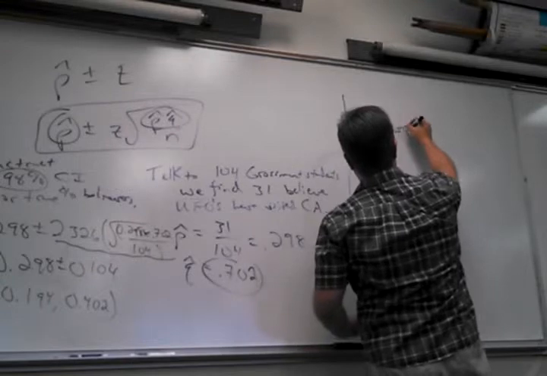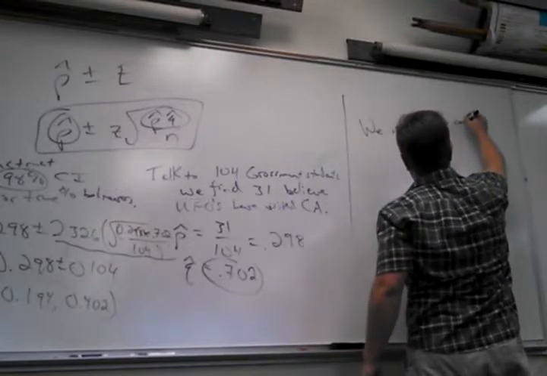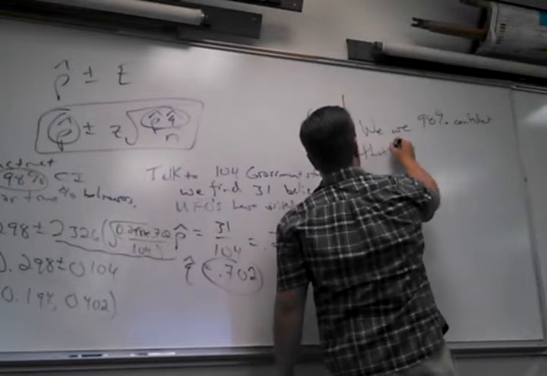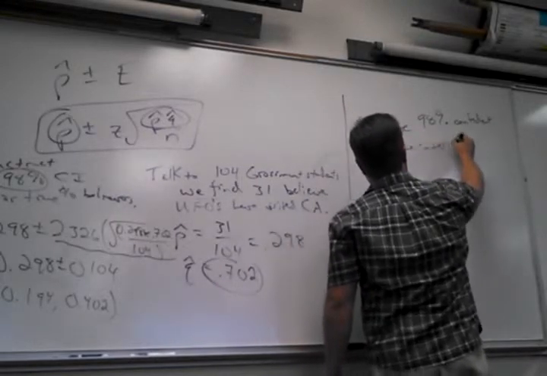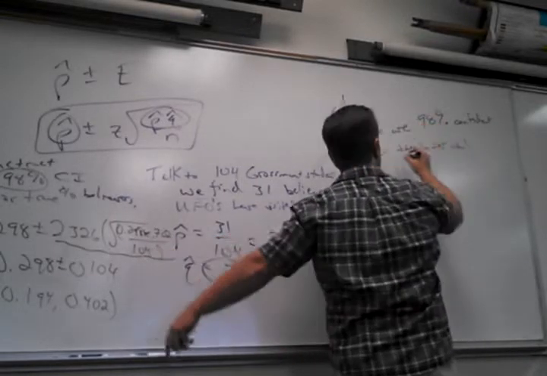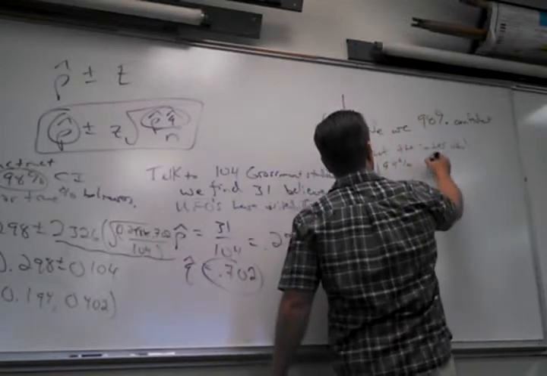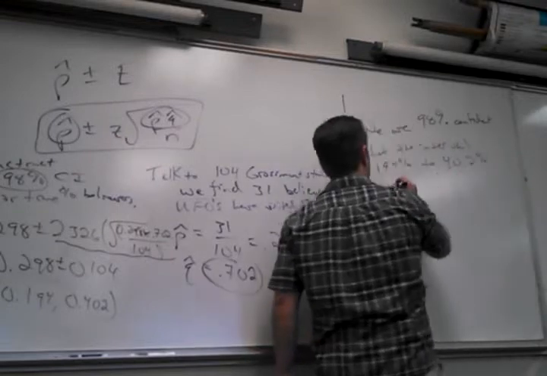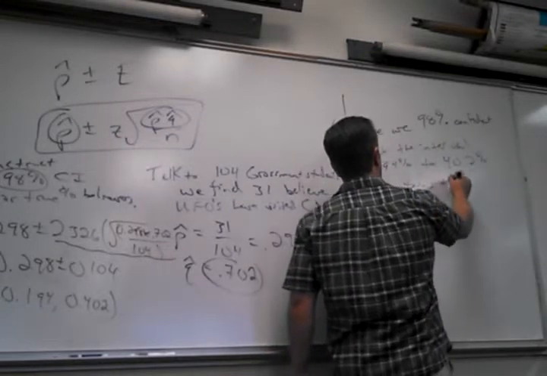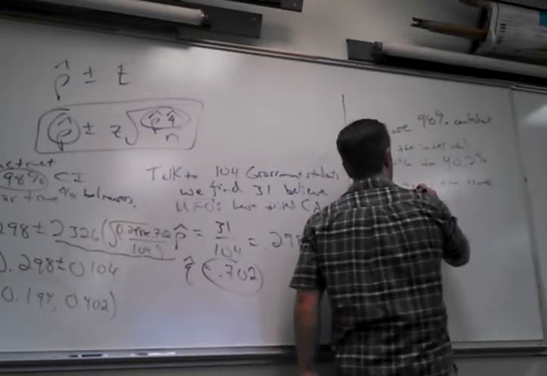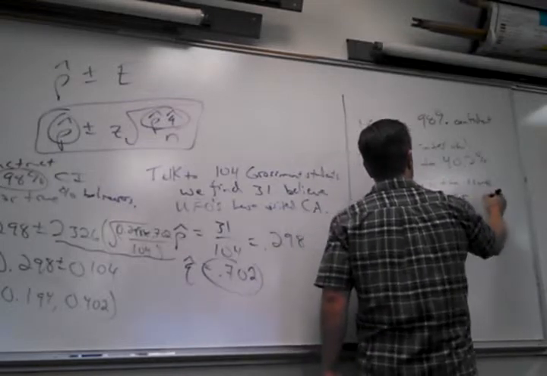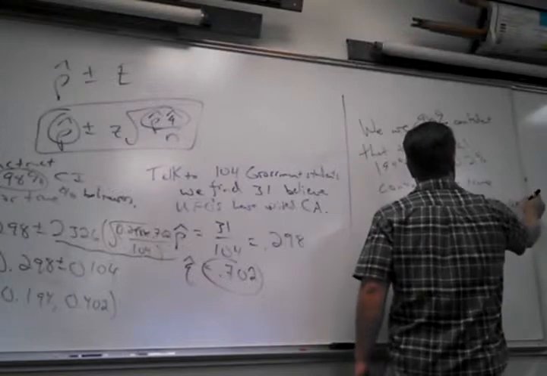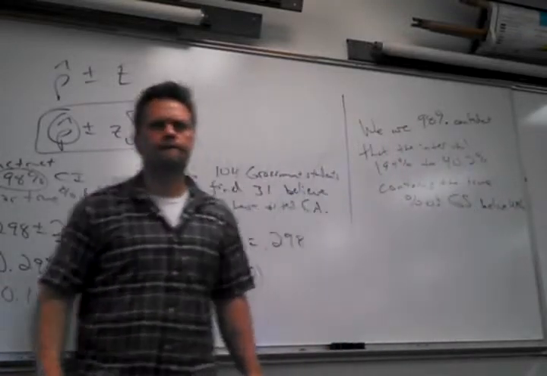So we are 98% confident that our interval, 19.4% to 40.2%, contains the true percent of gross 1 students who believe in UFOs. Too many words. Okay.